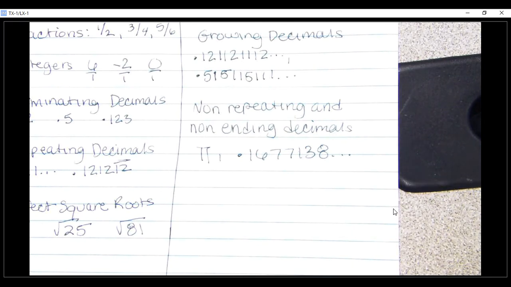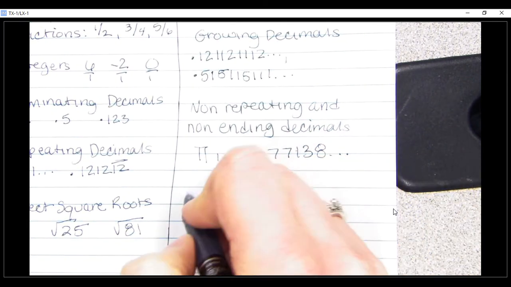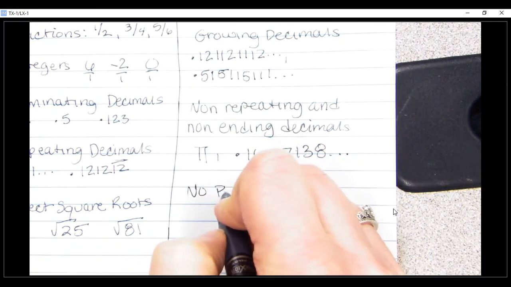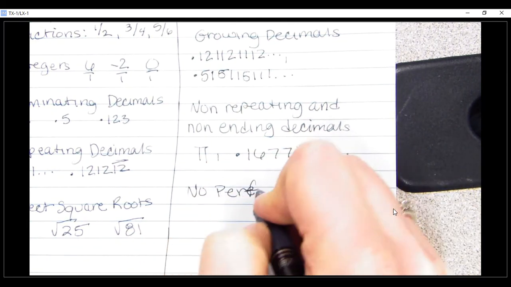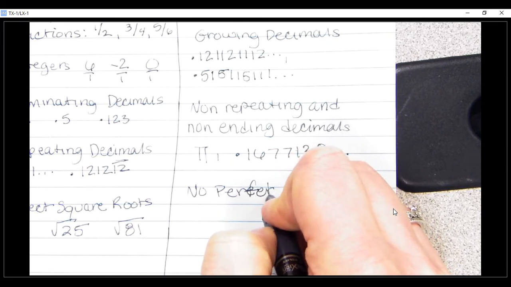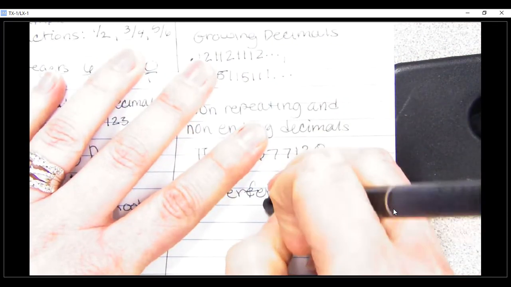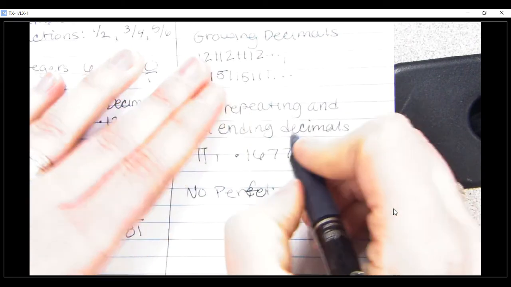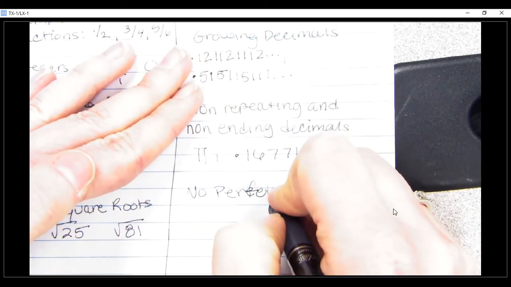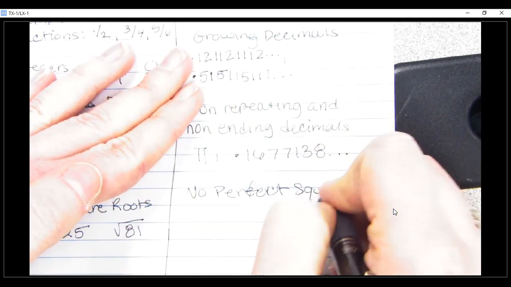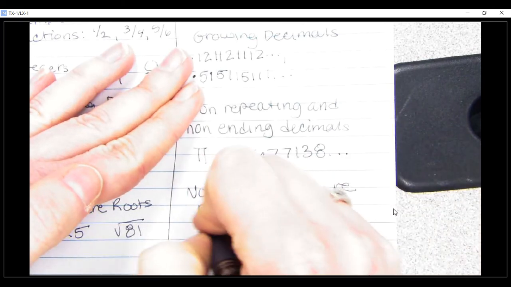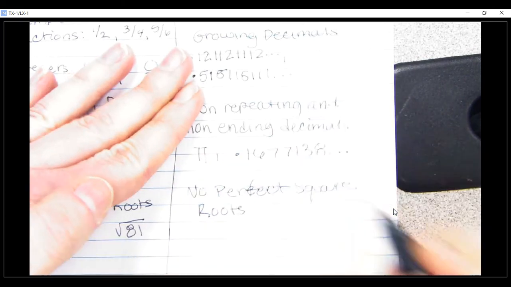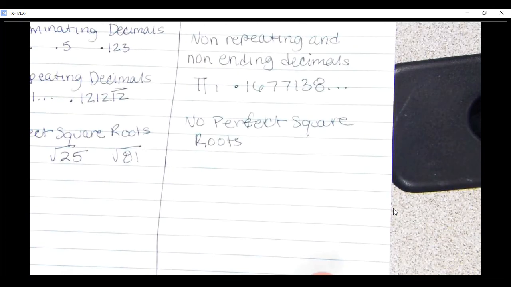And the last example of irrational numbers are going to be non-perfect square roots. Non-perfect square roots are those square roots that don't equal a whole number.